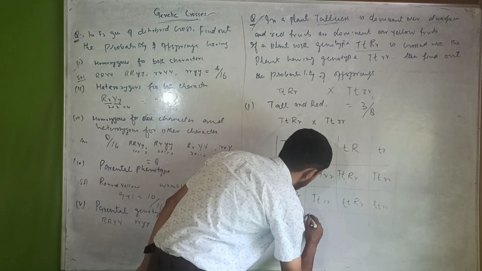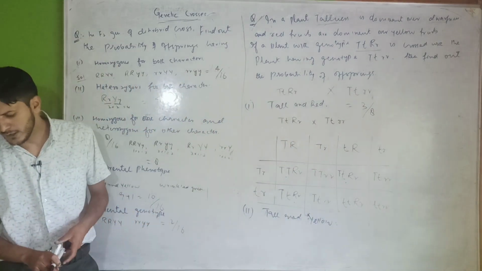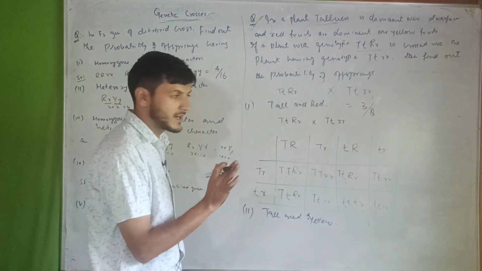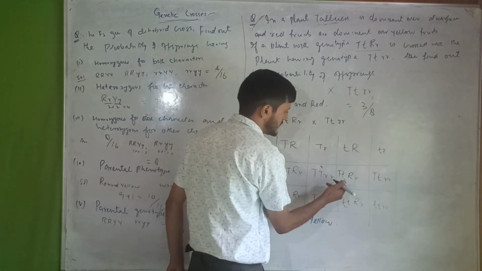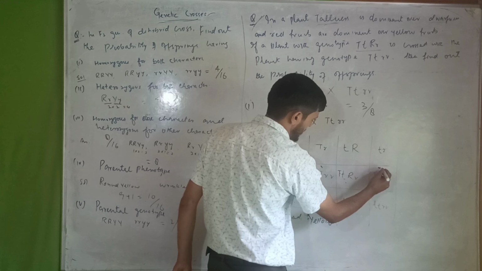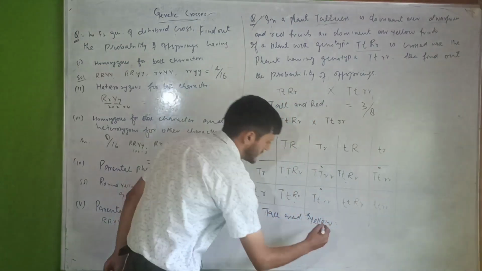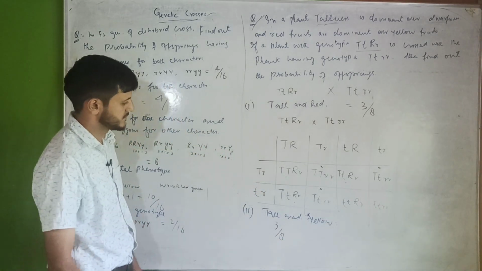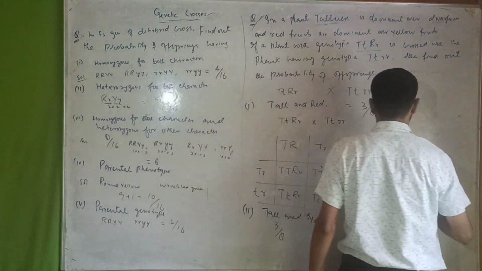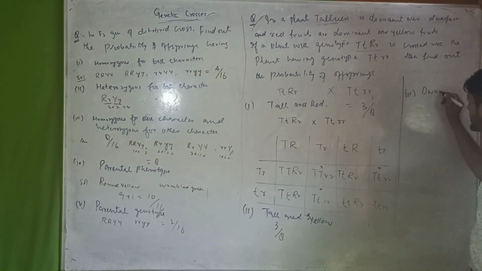Second, find out the probability of tall and yellow. How many individuals are tall and yellow? Again 3 by 8. Now find out the probability of dwarf and red plants.